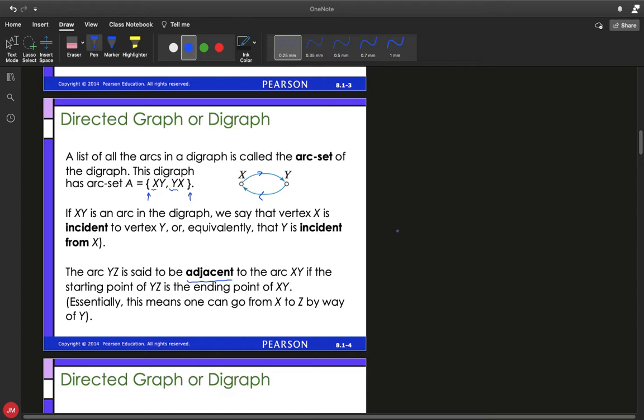In other words, if we were to draw this out, if yz is adjacent to xy, then what we'd have is x goes to y, and then y then goes to z. Notice that the arrows are important. It's not like we're saying that x goes to y and z also goes to y. So in order for it to be adjacent, you have to have the starting point of one arc at the end point of another. So it has to be one arrow going in and one arrow going out.